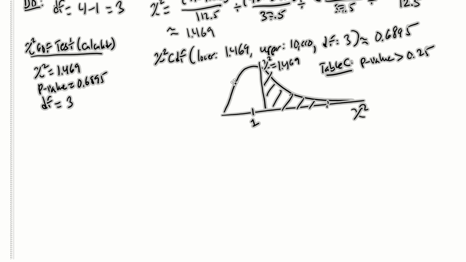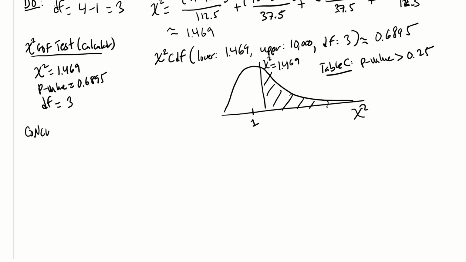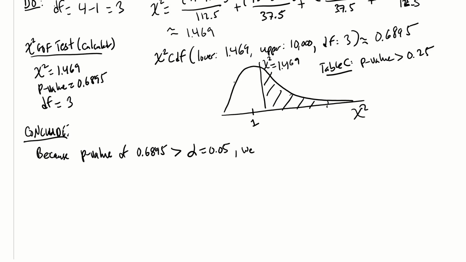All right, so then we got the conclude. We can conclude now because we got the p-value. We are definitely going to fail to reject because the p-value is large. Let me just write it out. Because the p-value, 0.6895, is greater than my alpha, we fail to reject H0.